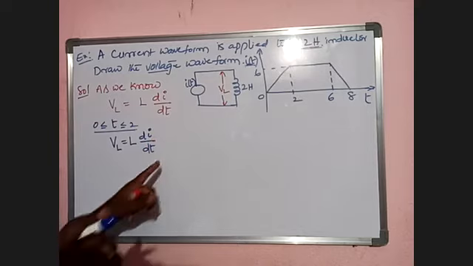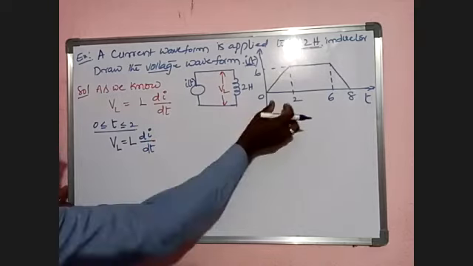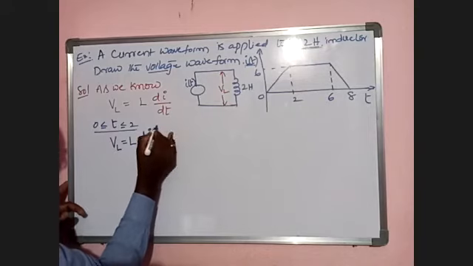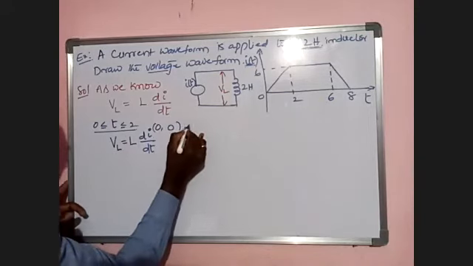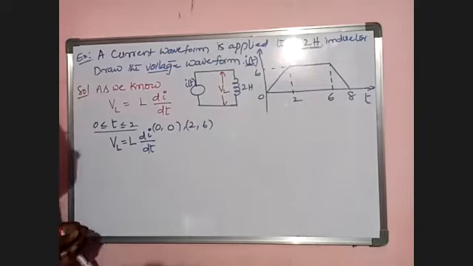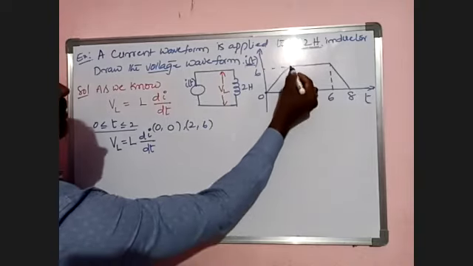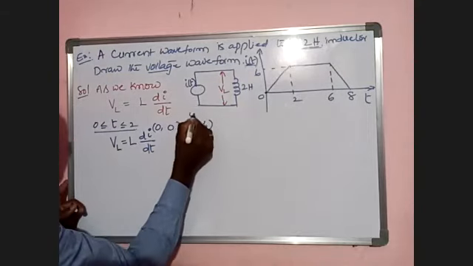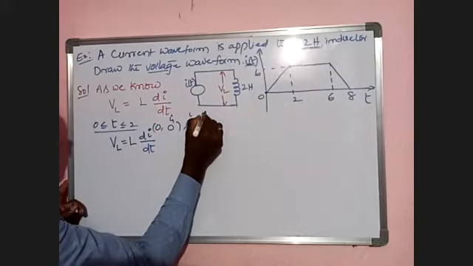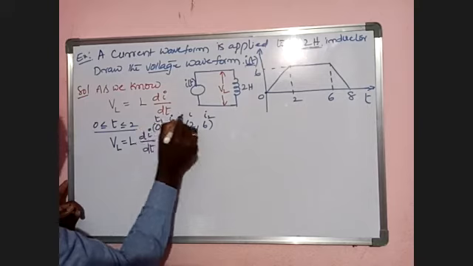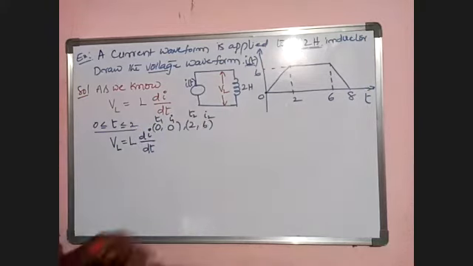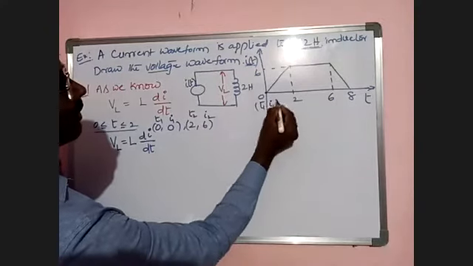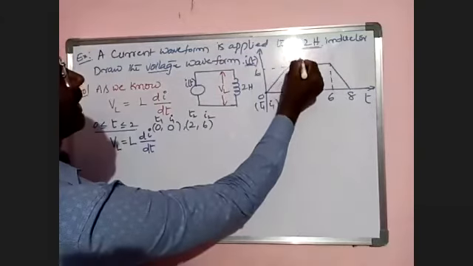Change in current between these two points. The starting point is 0, 0 and the ending point is 2, 6. Call them T1, I1 and T2, I2.